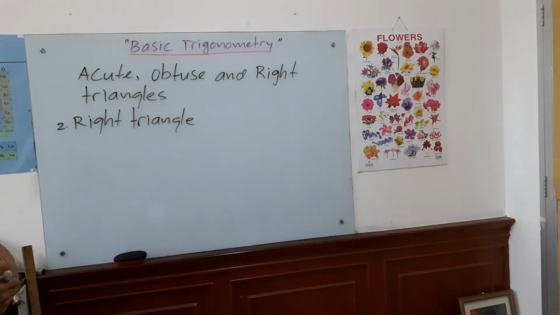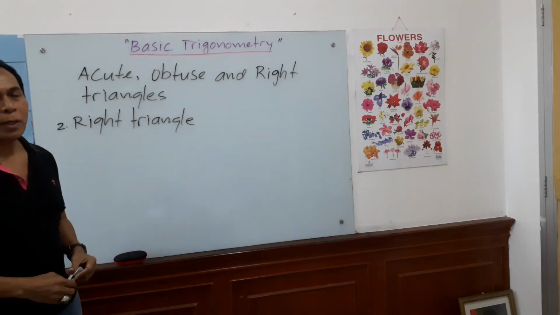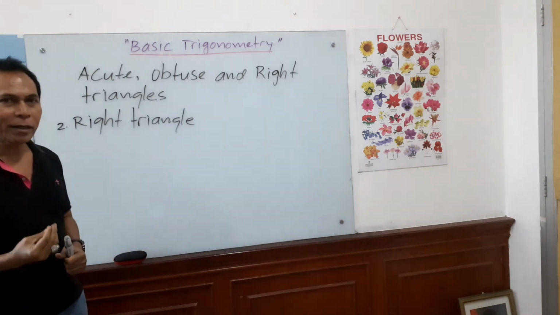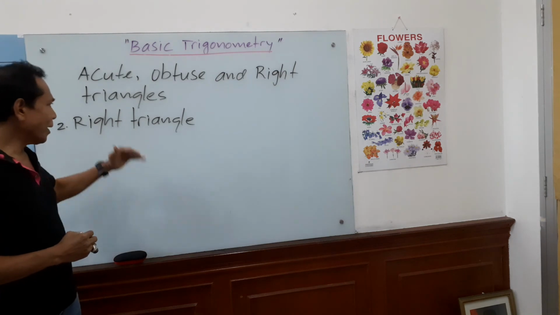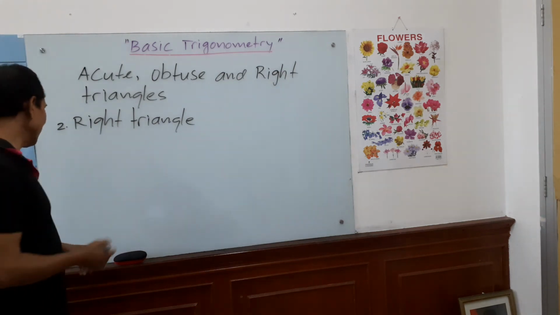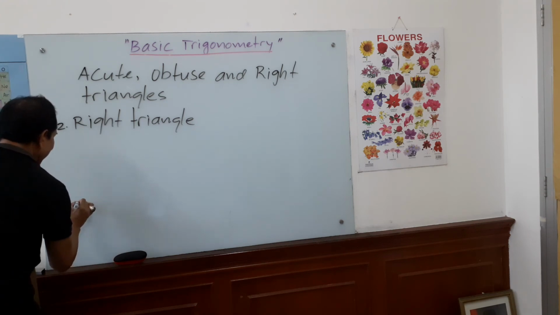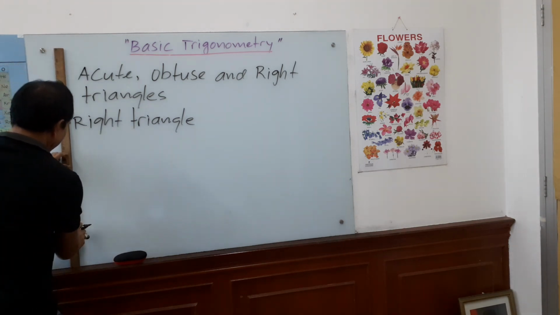Okay, now, the idea of this triangle comes from angle, okay? Right angle. A right angle is an angle exactly 90 degrees. So this right angle also, it's 90 degrees. We will do it. So first we put a point here, and then we start from there.